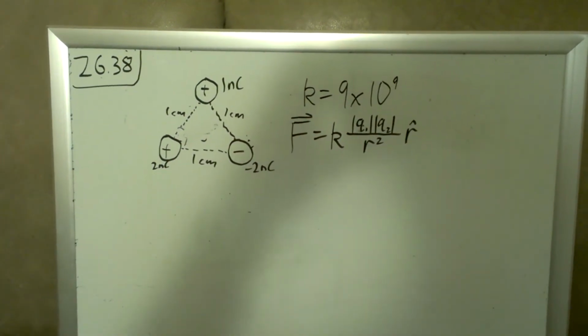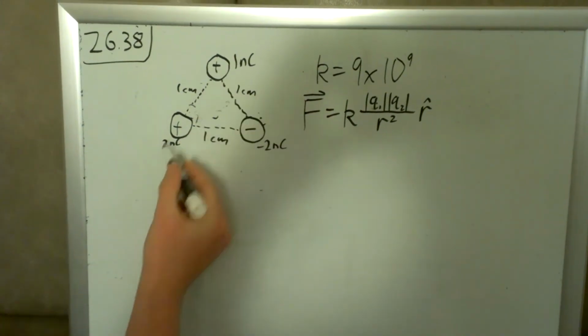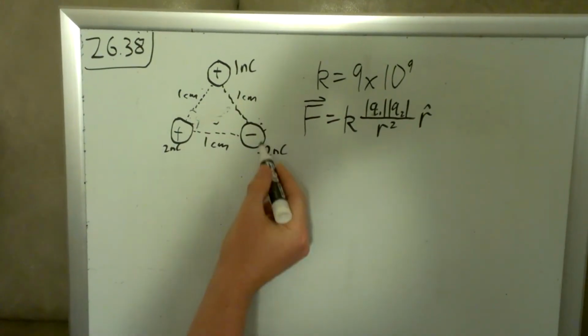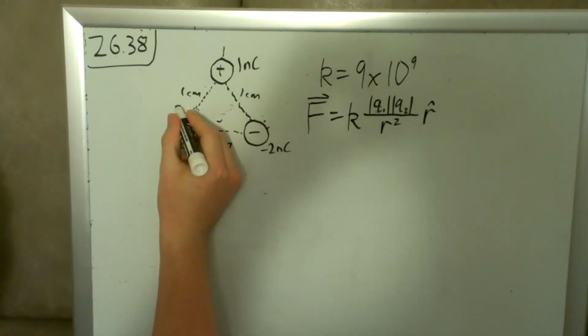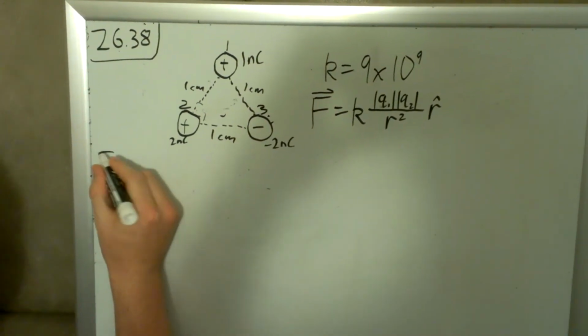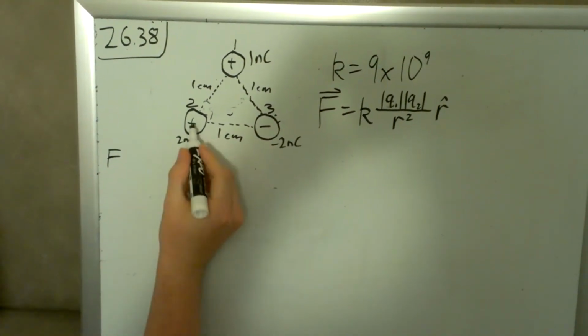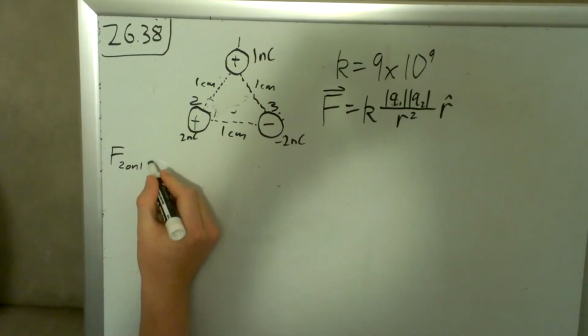To do that, the first thing I'm going to do is separate the problem into these two, how they interact, and then these two. So I'm going to label this one number 1, this one number 2, and this one number 3. And first I'm going to find the force of charge number 2 acting on charge number 1.